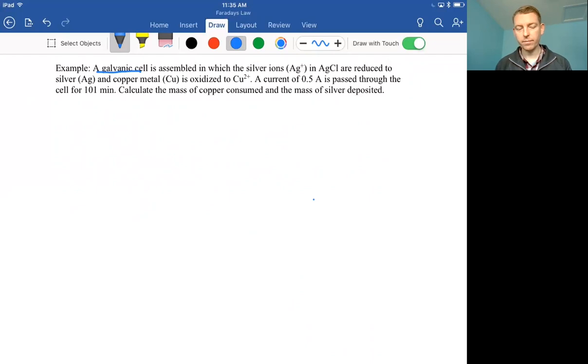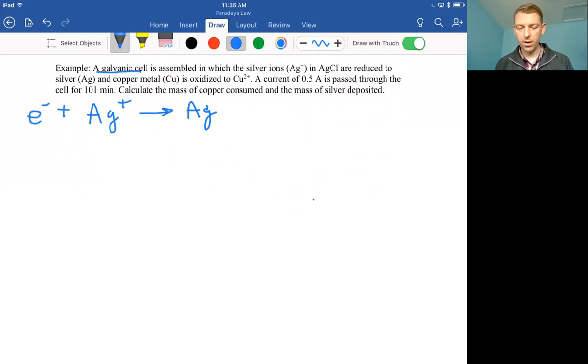Okay, so as per usual, what we would like to do is start with the balanced equation. So we know that we're going to take silver ions in solution, and they're going to be reduced to silver metal. Okay, so that silver is going to get deposited. The silver ions are going to get reduced. And to balance the charge on this equation, we're going to have to add an electron onto the reactant side.